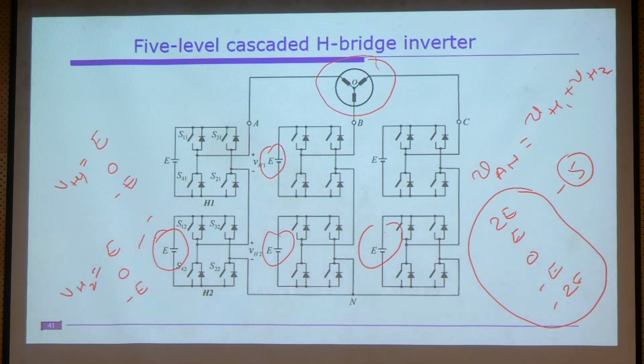For example, if one PV is connected to each DC source, and in future you have 3 more PVs, you can go for 7 levels. The only thing needed is small connections and small changes in the control circuit. That's all. Understood?